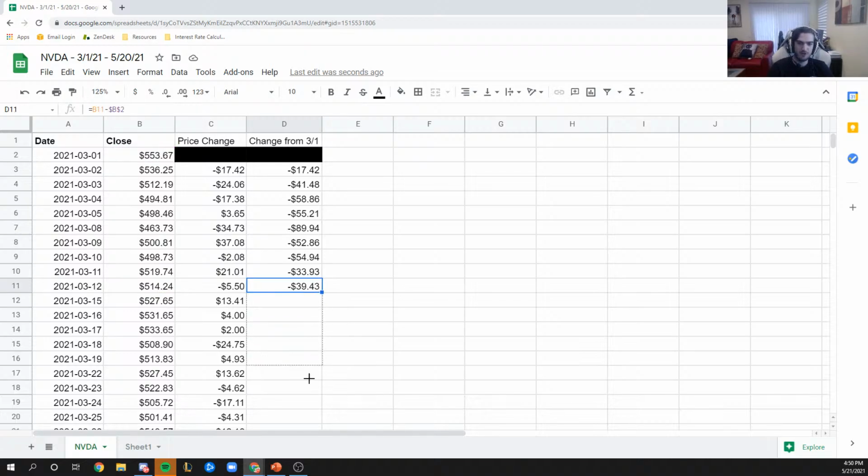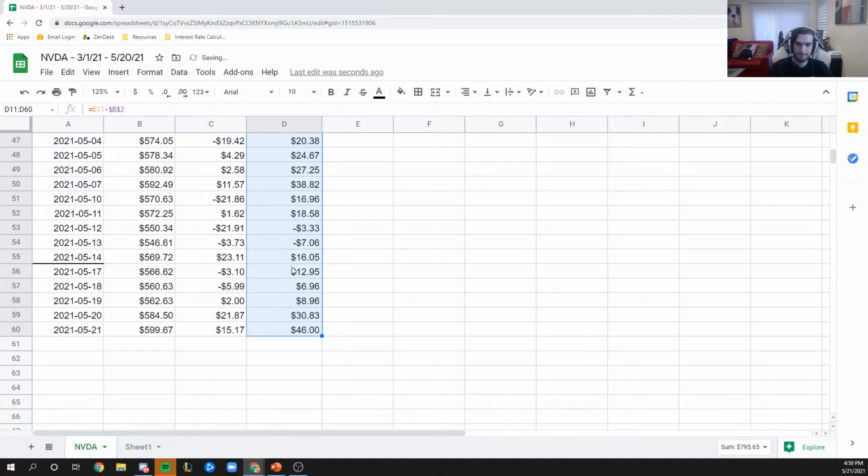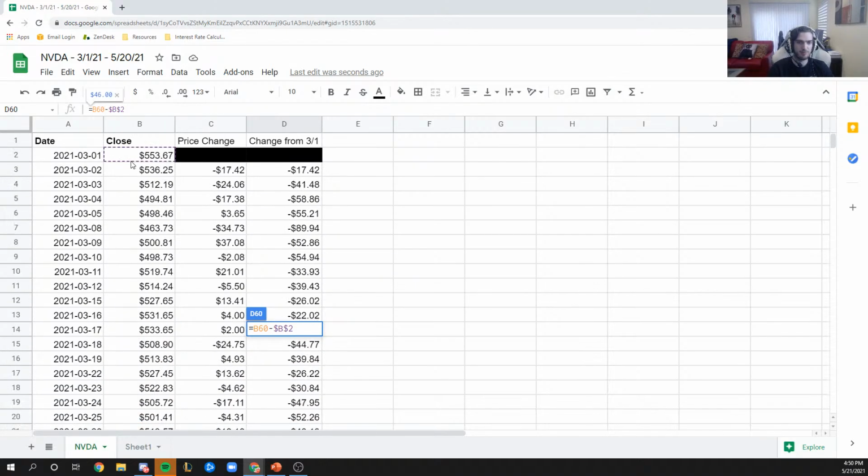So let's go all the way down. By the end, what this number is giving us is the price today minus the price from last March 1st. So that is how you can lock a cell and an example of how you can use it.